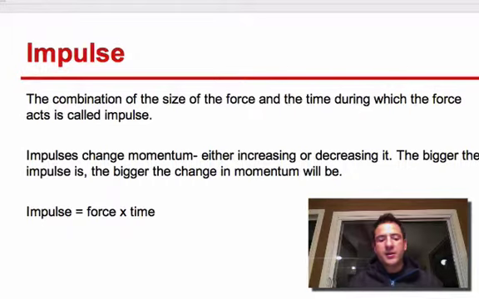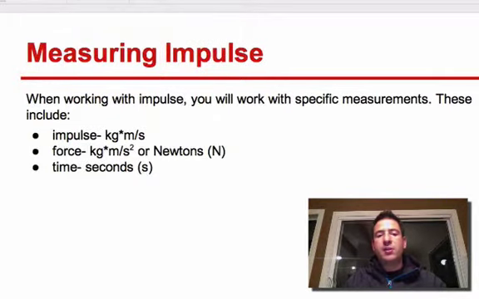Okay, so impulse can be calculated in one way, and if we just look down here, we multiply force by time. So the amount of force by its time, and we'll talk about those a little more in detail. When we're working with impulse, we use specific measurements.